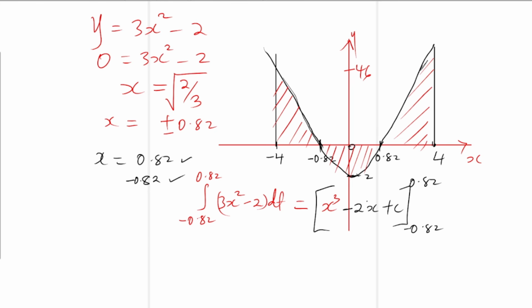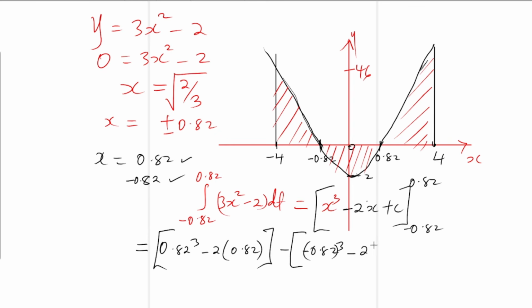When you substitute 0.82, you get 0.82 cubed minus 2 times 0.82. Then subtract, we substitute negative 0.82, negative 0.82 cubed, with the brackets, don't forget to do that.